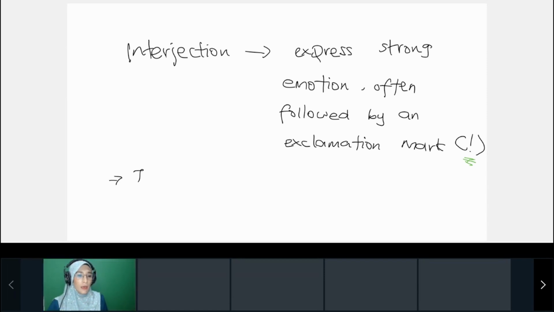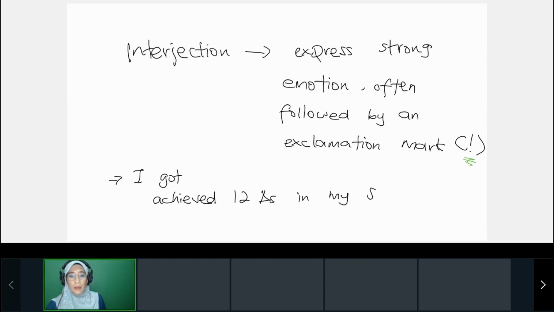Instead of saying "got," you can also replace it with "achieved." I achieved 12 A's in my SPM exam, not in my SPM results. I got or I achieved 12 A's in my SPM exam.